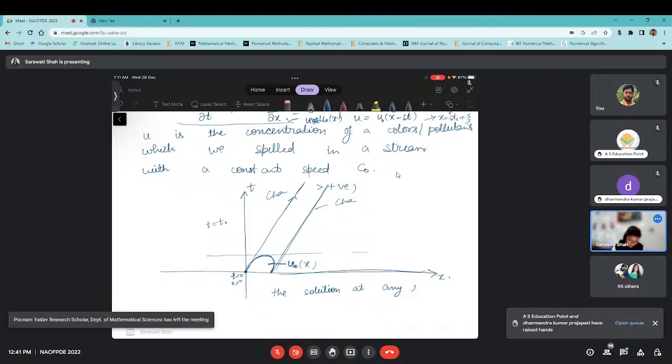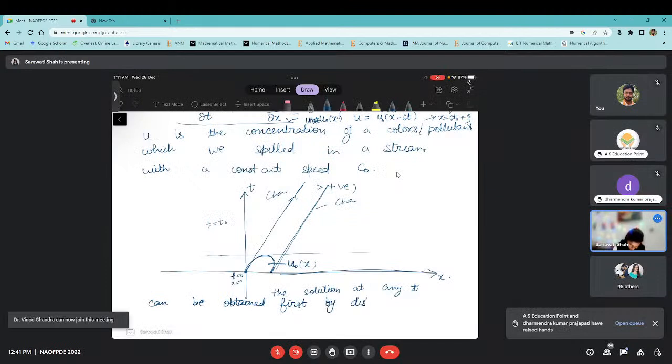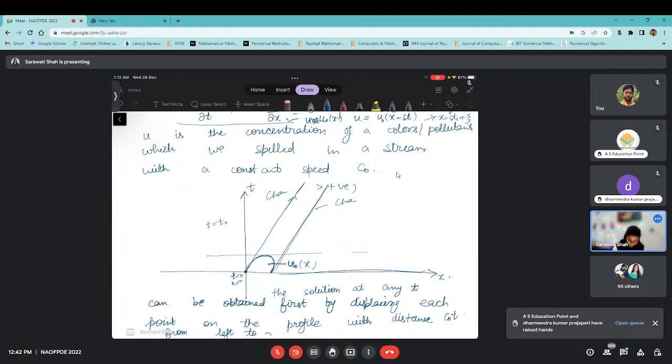So the solution at any time t can be obtained first by displacing each point on the profile with a distance c naught t from left to right.